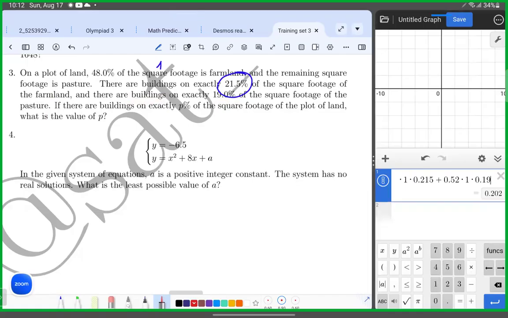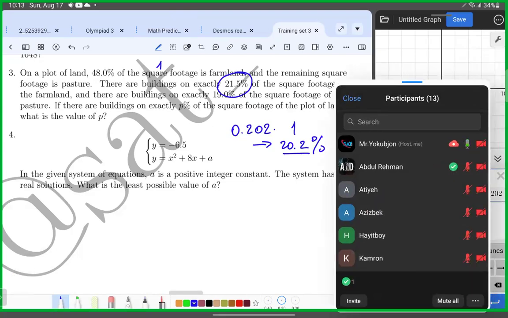I'm going to calculate the overall buildings in the overall footage. Now I added them and got this value. Guys, it's in decimals. It means it is this fraction of the overall 1. If you convert it to a percent, you will get 20.2% of the overall square footage. The problem is solved. I just added the amount of buildings in the two sections. Guys, is this moment clear?